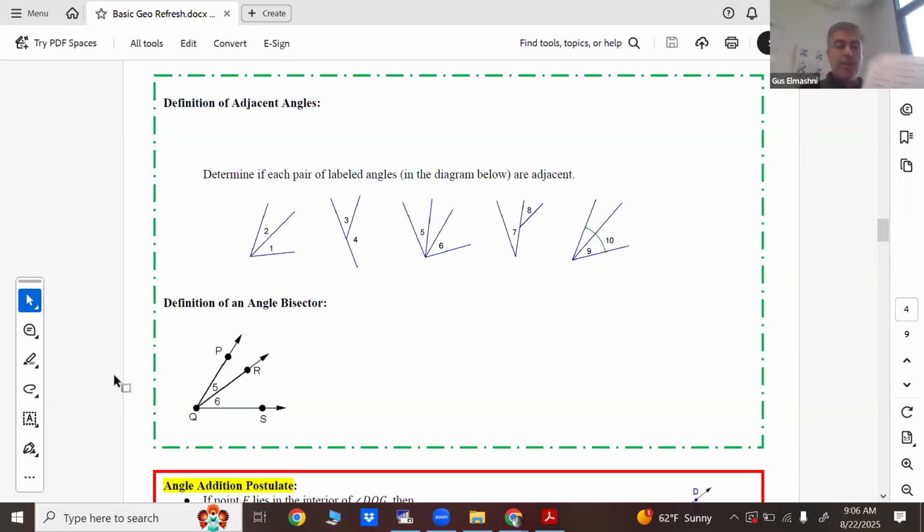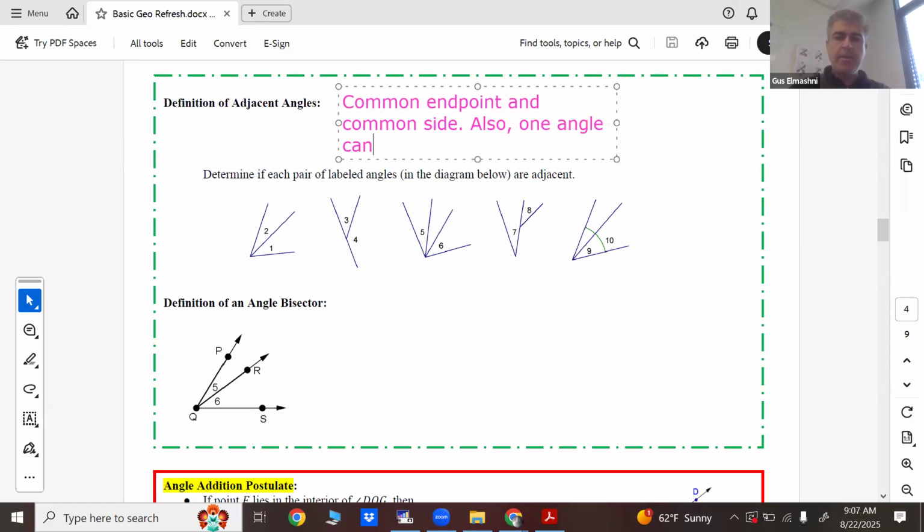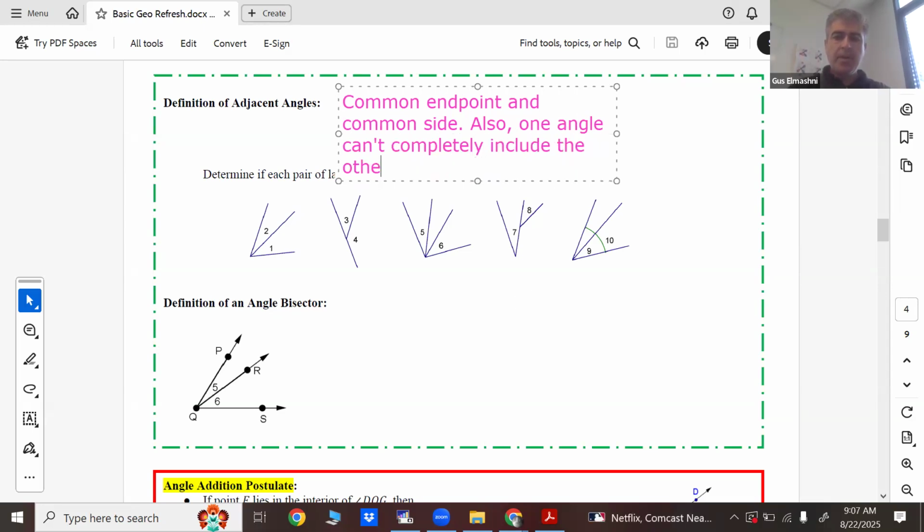They have to share an endpoint and they have to share a side. So it has to be a common endpoint and common side. Very important. Also, one angle can't completely include the other angle. We'll talk about that in a moment, what that means.